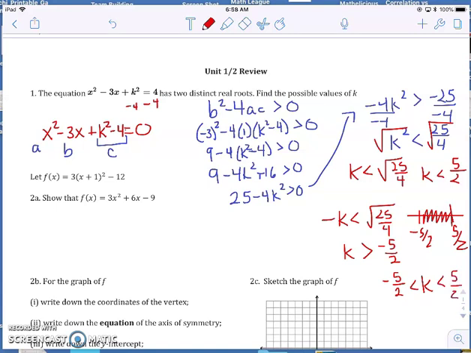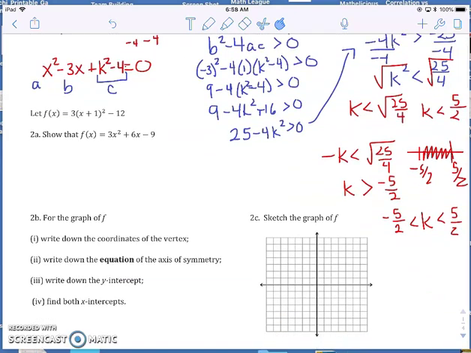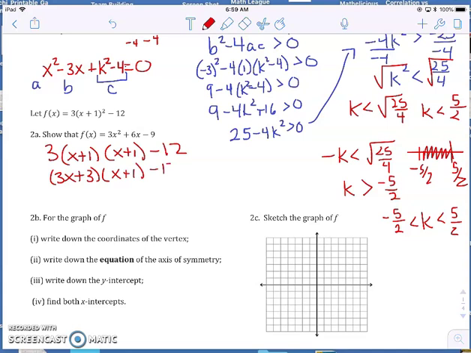So the second one: let 3 times x plus 1 squared minus 12. Show that it equals, and then we have it in standard form. So from vertex form to standard. So we have 3 times x plus 1 times x plus 1, minus 12. So if we distribute, we have 3x plus 3 times x plus 1 minus 12.